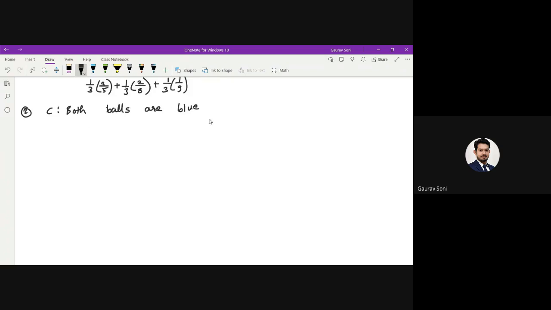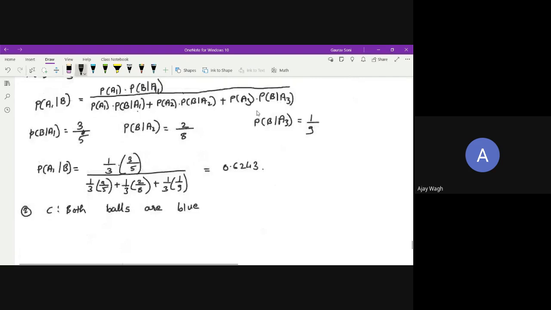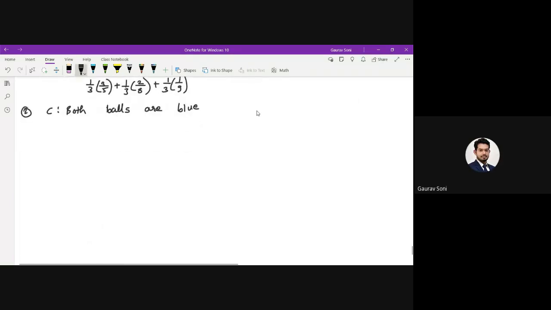Probability of which bag? The second bag. When C has occurred. Probability of E2 when C has occurred.